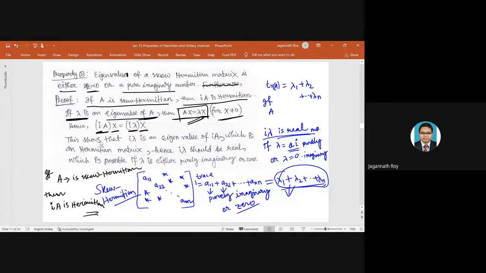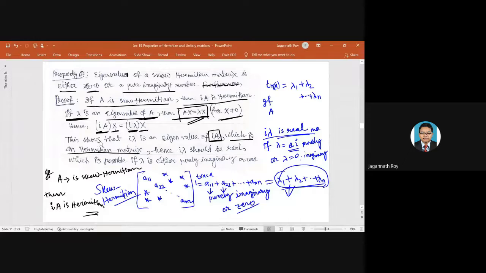So it shows that x is an eigenvector and i times lambda is an eigenvalue of the matrix i times A, which is a Hermitian matrix.